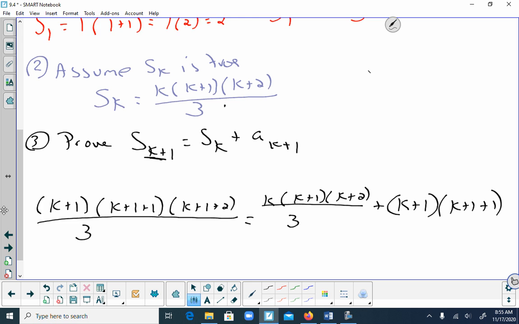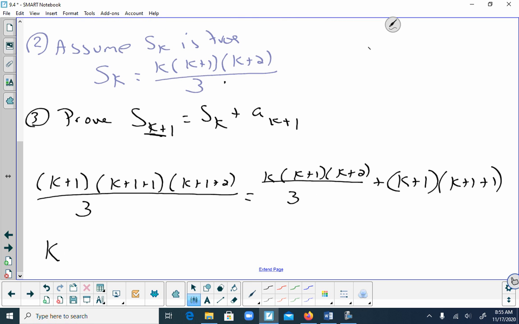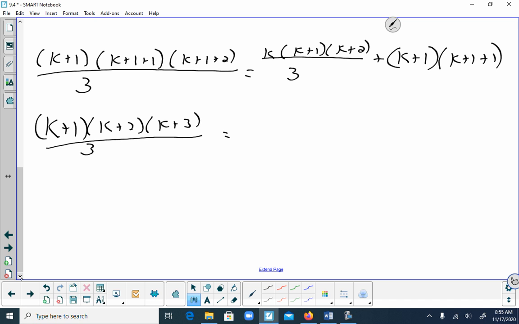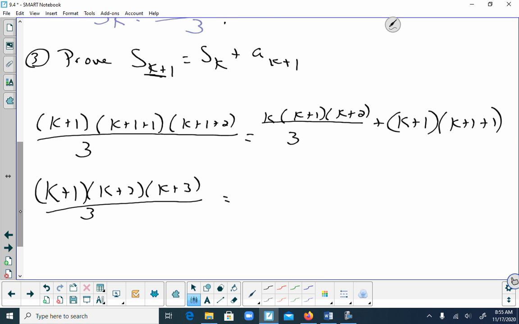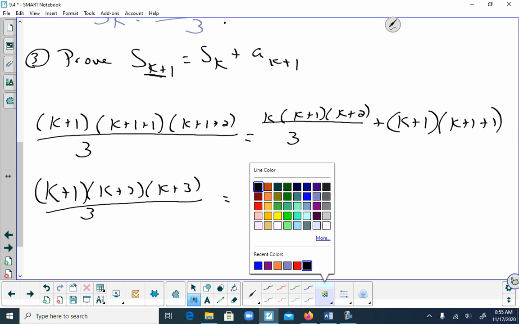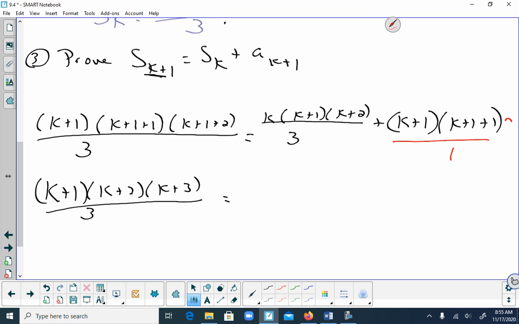All right, so left side, k plus 1, k plus 2, k plus 3, all over 3. This side, I'm going to multitask. I am going to think of this over 1 multiplied by 3 over 3, so I have that common denominator.